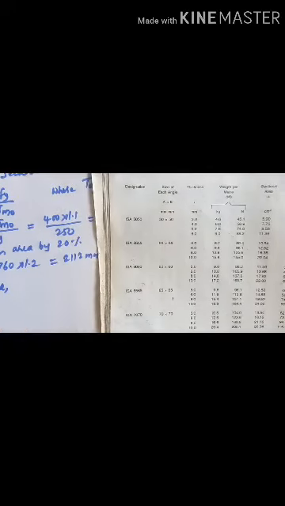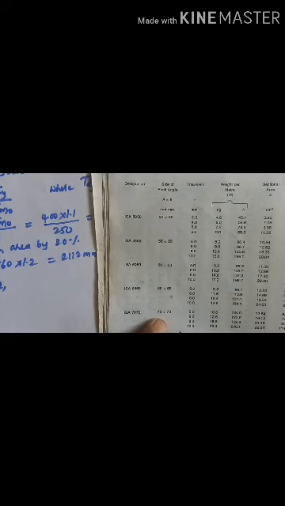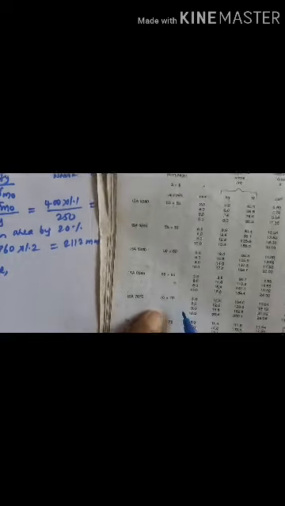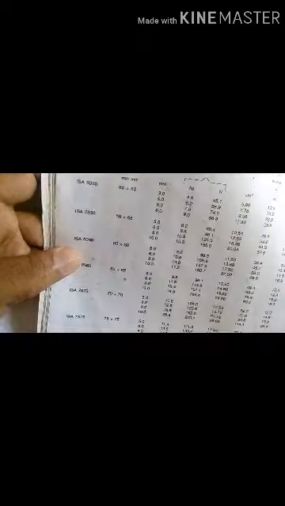So here I'll search. In my case the area is 2112. You search that one, and you will get 70 by 70 by 10 mm, and 70 by 70 by 8 mm.